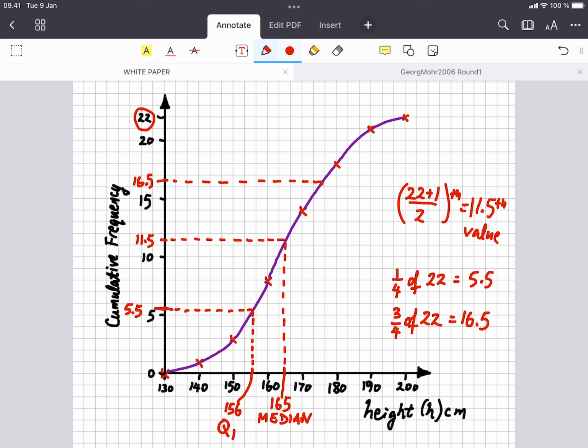And then I can get a value that is an estimate of the height of the person who's 75% along the data. And that's looking like being about 176. So 176 is my value for the upper quartile, or Q3.